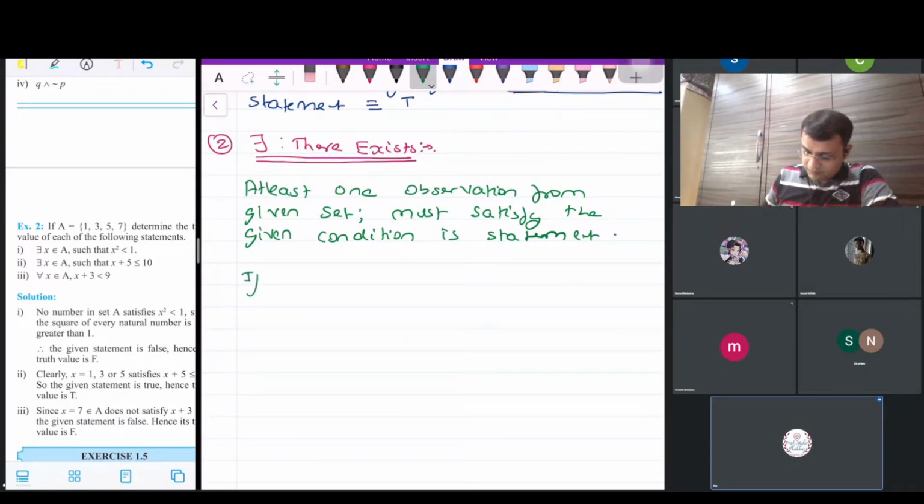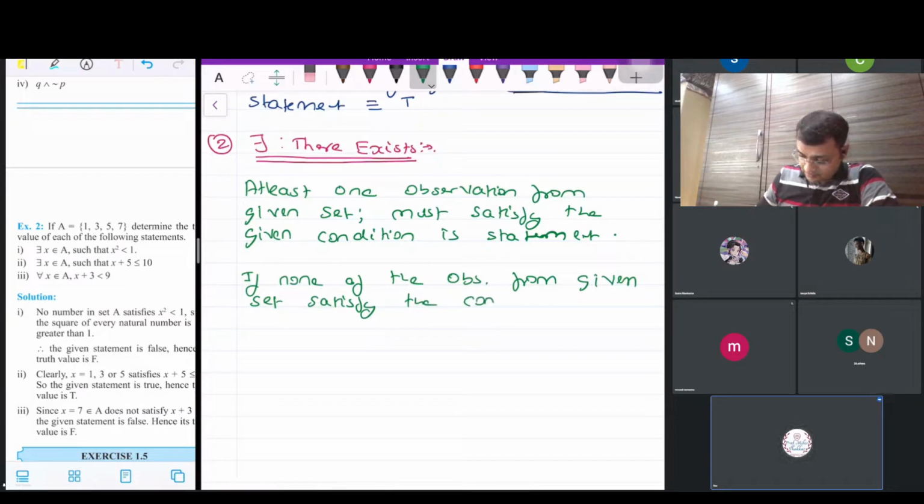If none of the observations from the given set satisfy the condition, only then the truth value is false.